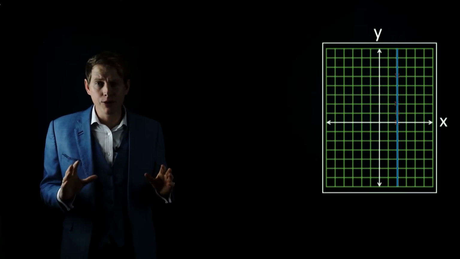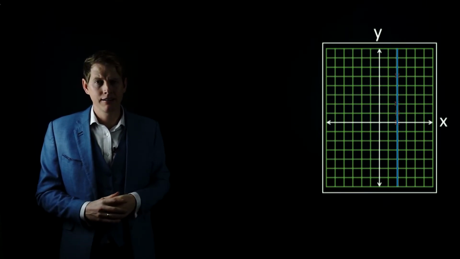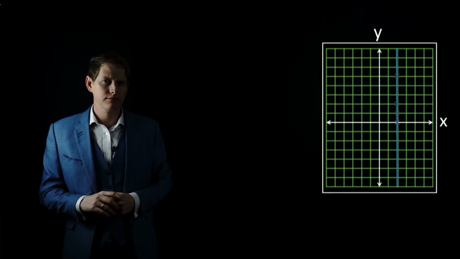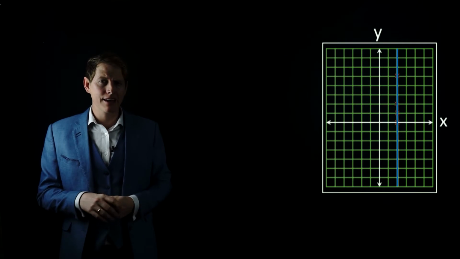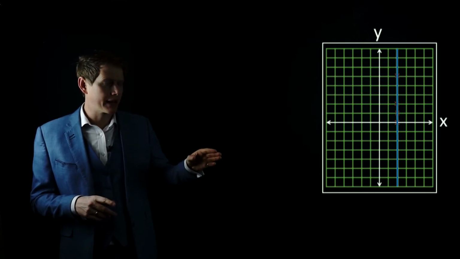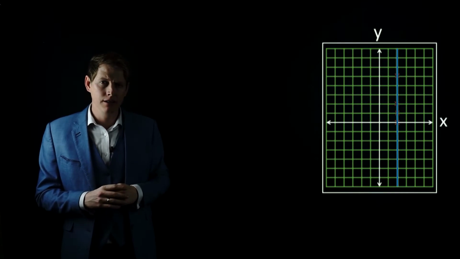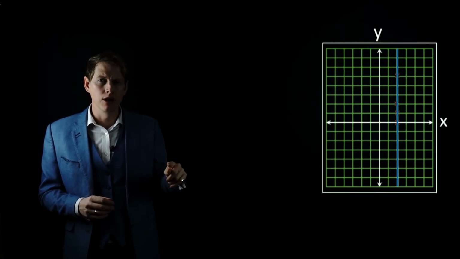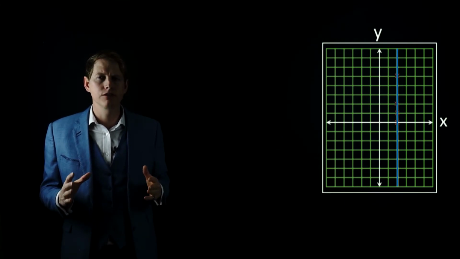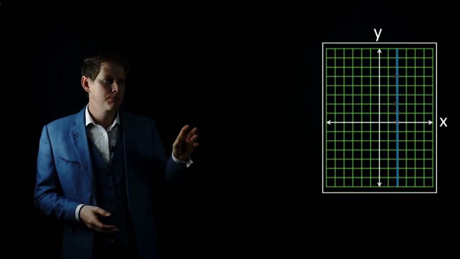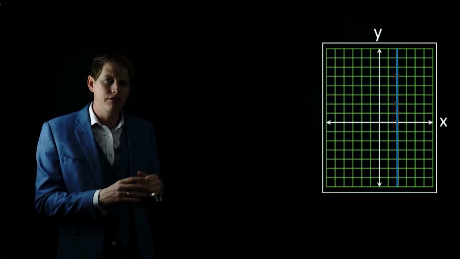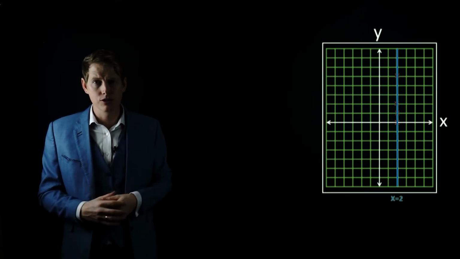Now, everywhere along that line has something in common. All of the x coordinates are 2. Doesn't matter where I pick along that straight line, I'll first of all go 2 along and then a number up or down. They're all going to fall on that line. In fact, because all of the x coordinates are 2, that graph is called x equals 2.